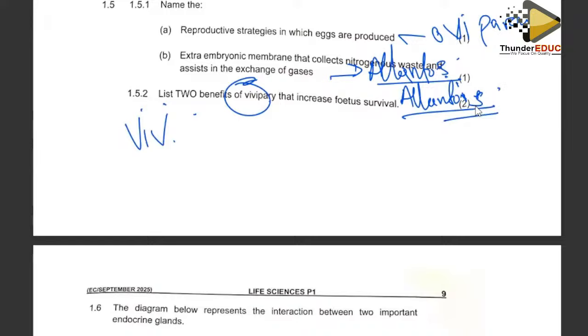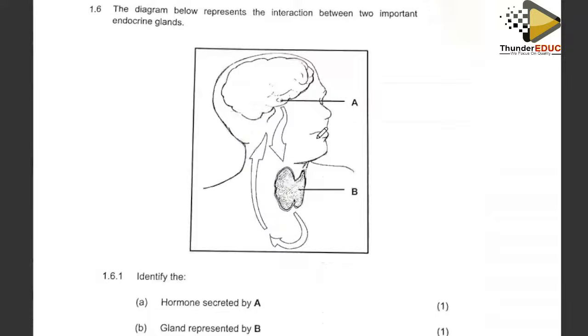Number two, the fetus is able to be protected from environmental changes. Yes, so the baby is being protected from environmental changes.